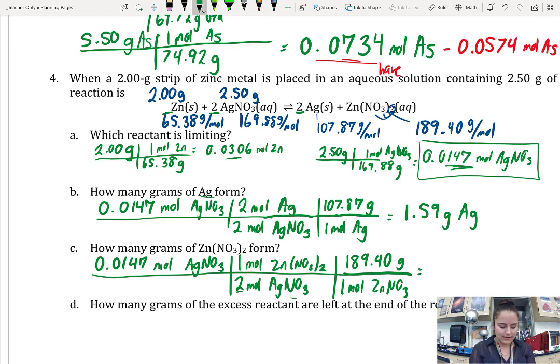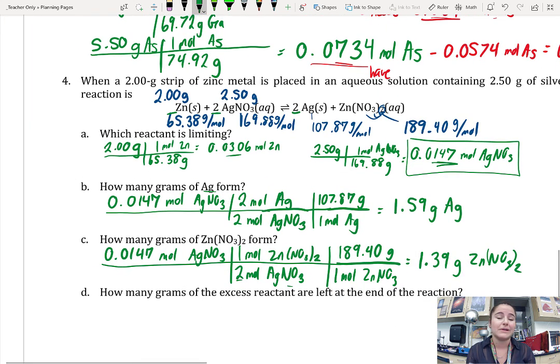And so now we plug that all into our calculator and we get 1.392, so 1.39 grams of the zinc nitrate. Cool. If you tried to solve it out using your other reactant, you would actually get a much higher number. And that is a way that you could check.